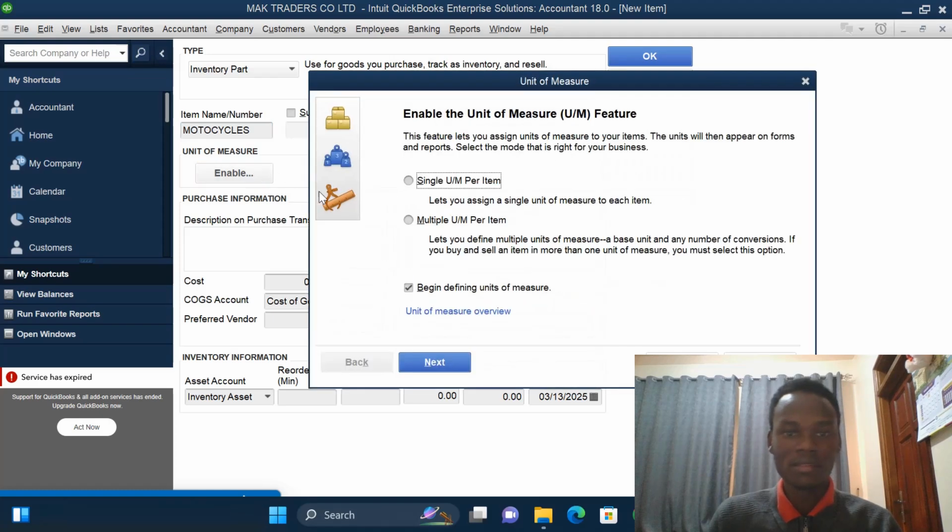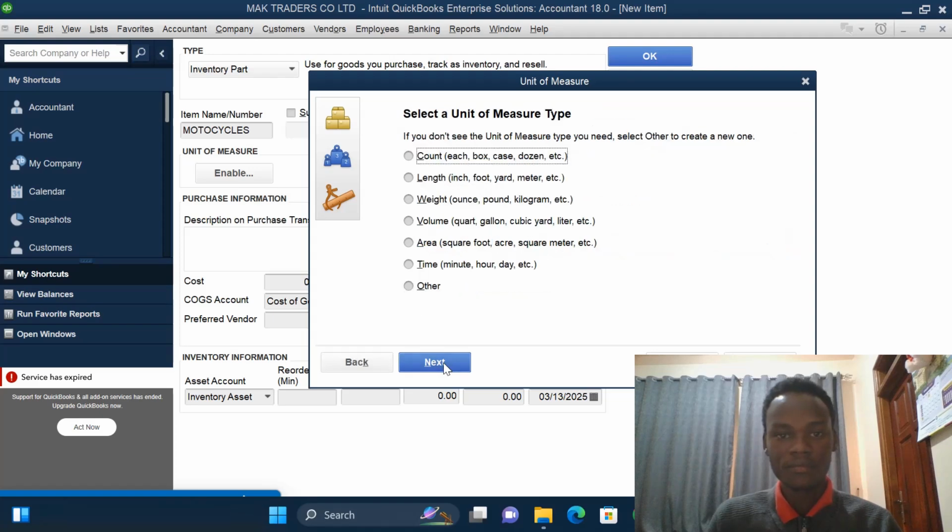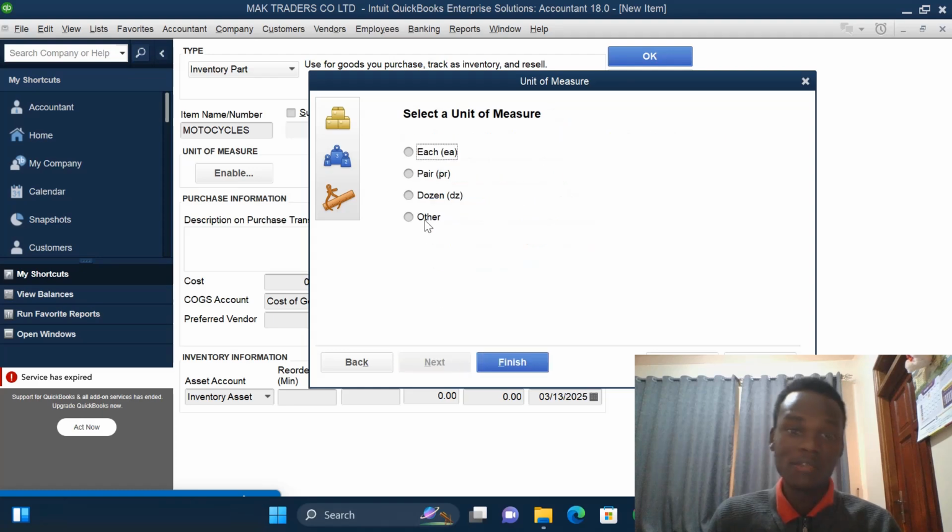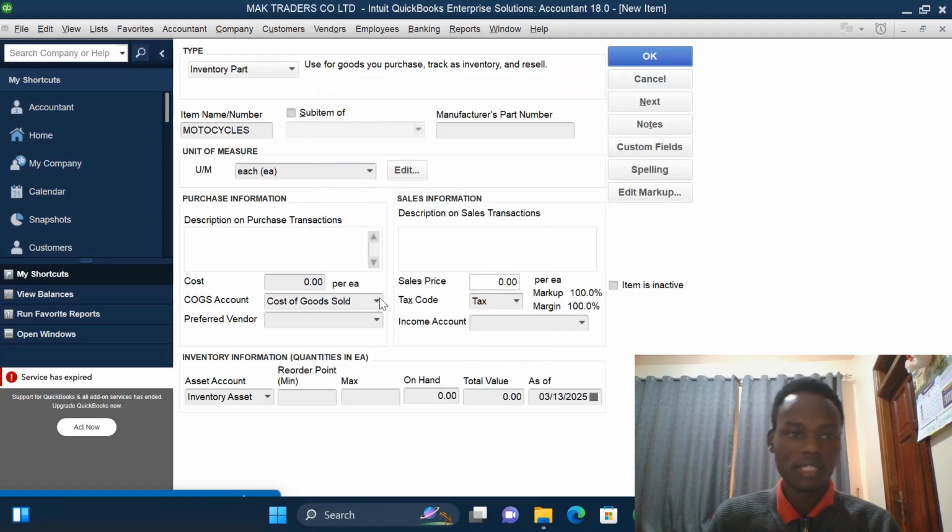So we'll come here and enable the units of measure. We have single. Then we can count them and count each. So we finish. Our unit of measure has been set up.